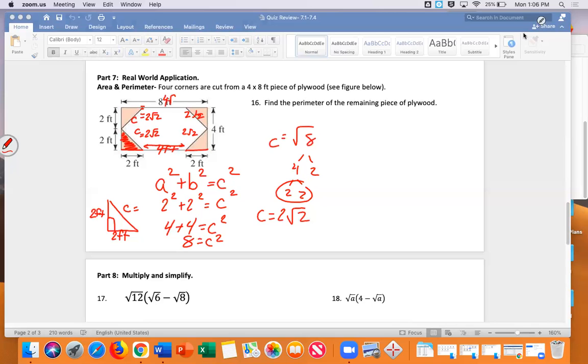So, Mark, my perimeter will be 4 plus, right? How many 2 root 2s do I have? 4. So I'm going to have 4 times 2 root 2 plus that other 4 on the bottom. That's going to be 8 plus 8 root 2 feet.